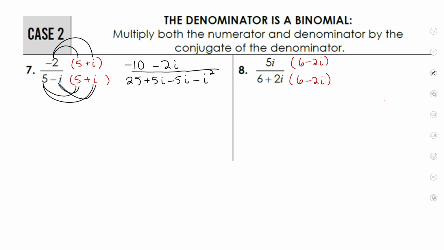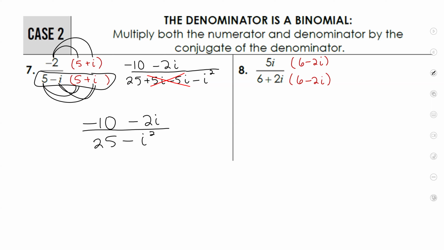Yep, 5i and minus 5i, those cancel out. It's because they're conjugates. Whenever you have conjugates and you multiply them, you're going to get the middle term canceling out. Okay, so in the numerator, I have negative 10 minus 2i over 25 minus i squared.